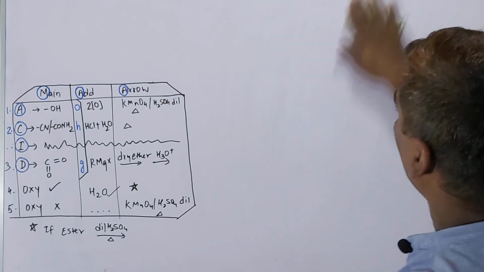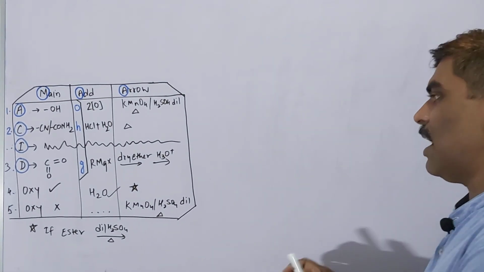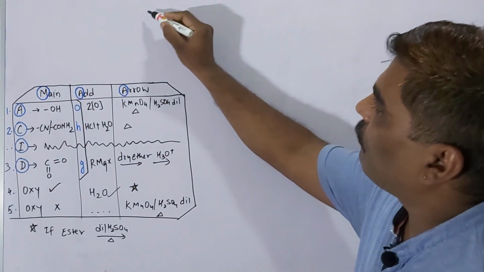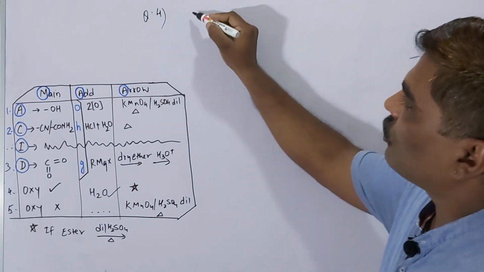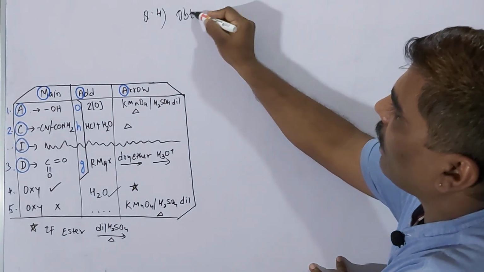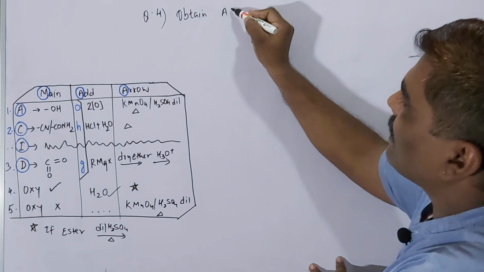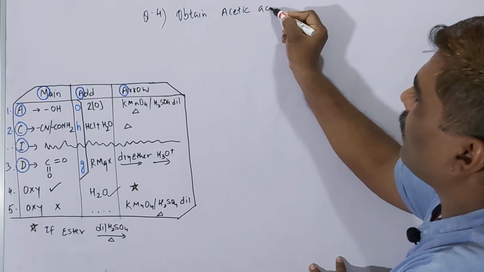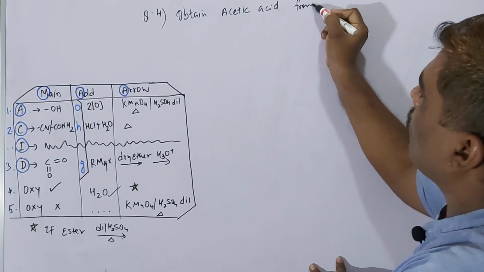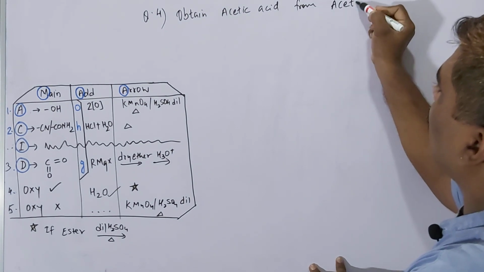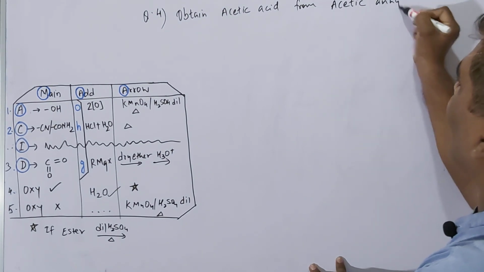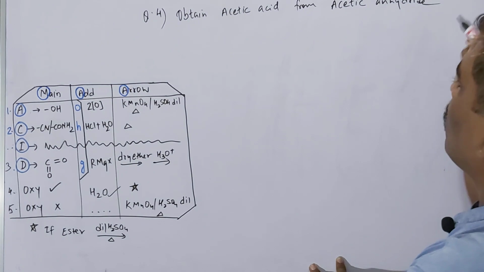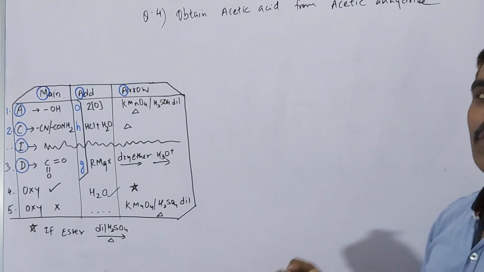Say for example, this time I have question number 4, which is: obtain acetic acid from acetic anhydride. We are done with the question.